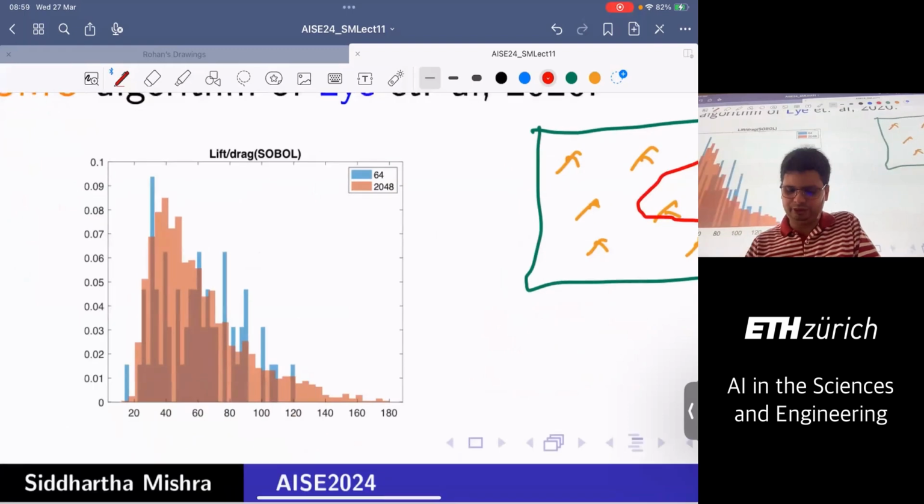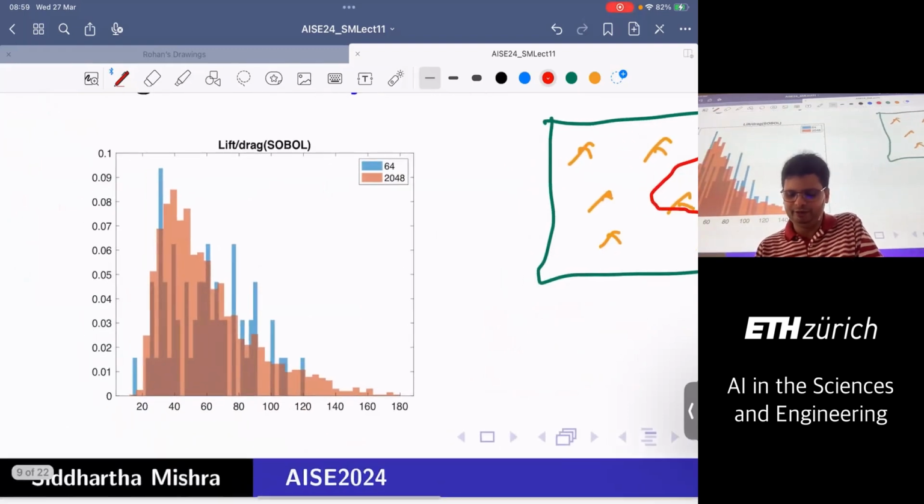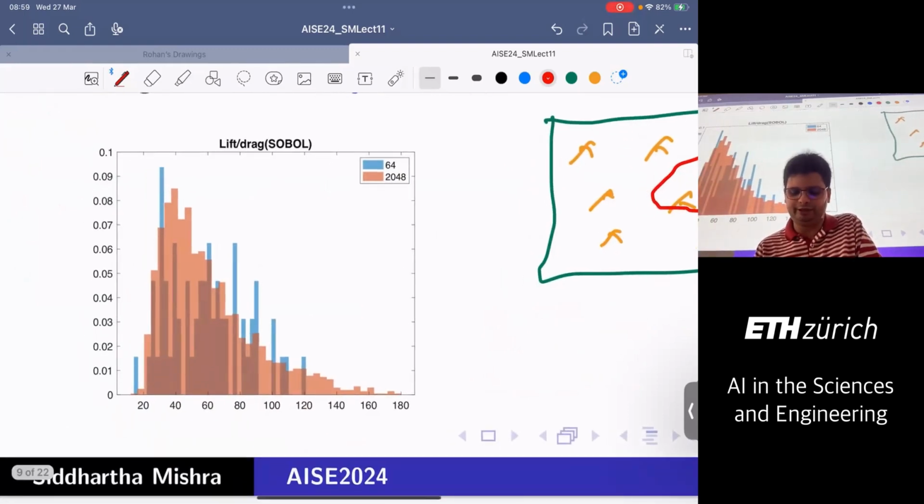This has been shown in this plot, which is the lift to drag ratio. If you take 2048 points, you spread, and you are targeting this region here, right? Because you want as high a lift to drag ratio as possible. But if you take 64 points, the bulk of them, because of the way things are distributed, will lie in this area here.